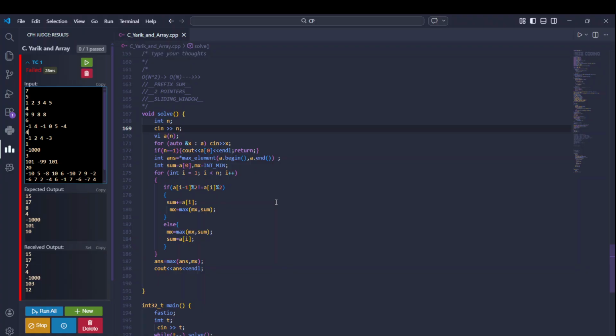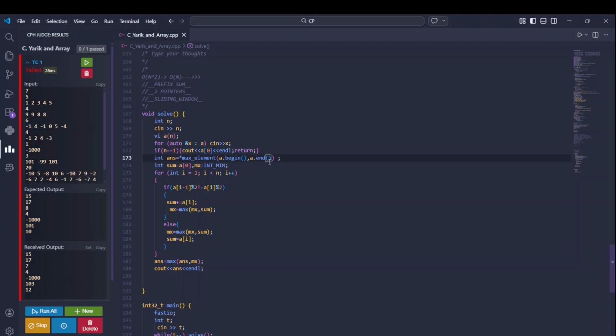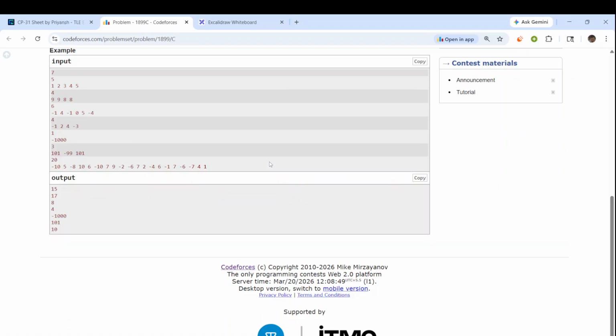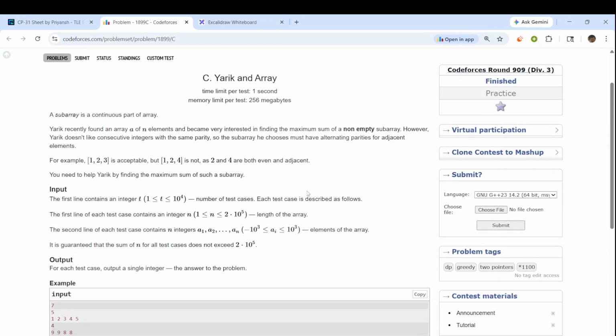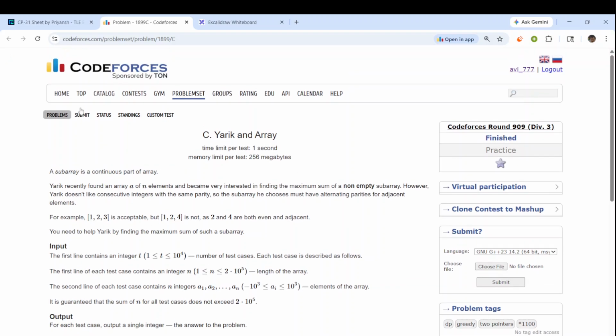Or what I can do, I can use that sliding window thing. That this is working. That first thing, absolute element should be less than that. How? I don't know, man. I have given it pretty much time.